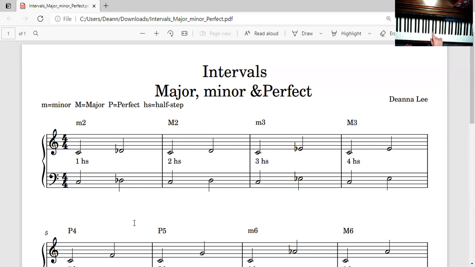The distance between C and D flat is one half step, so that's a minor second. A third is C to E, right? C natural to E natural is 1, 2, 3, 4 half steps. C natural to E flat is three half steps. 1, 2, 3.